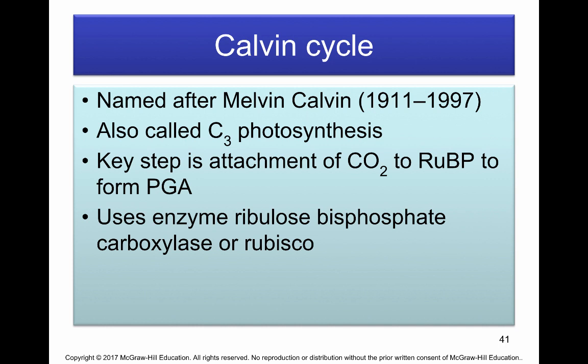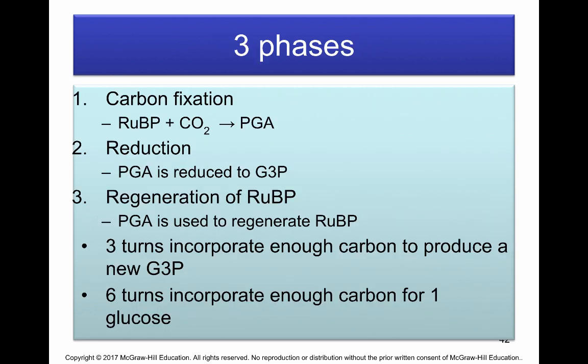Rubisco is an enzyme that is also in the stroma along with RuBP, and it has an affinity for RuBP and carbon dioxide, and it helps join those two together to complete the first step of the Calvin cycle, which is carbon fixation, because there are 3 steps. Carbon fixation is when RuBP and carbon dioxide join together, forming PGA, or phosphoglyceric acid.